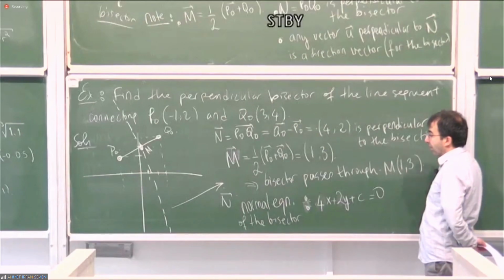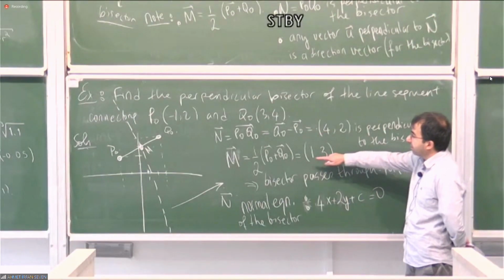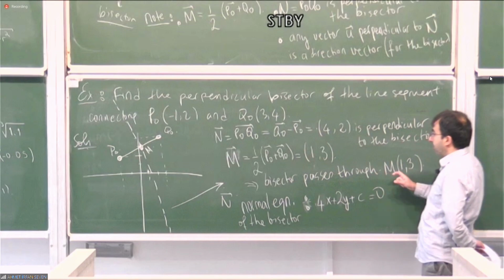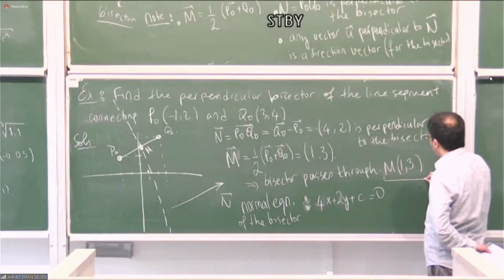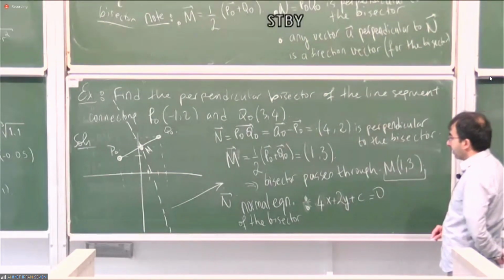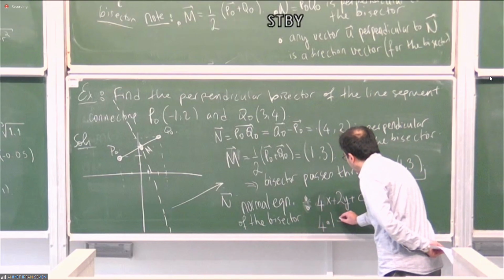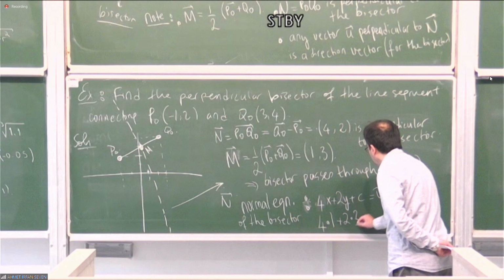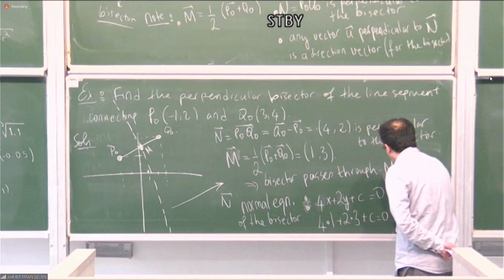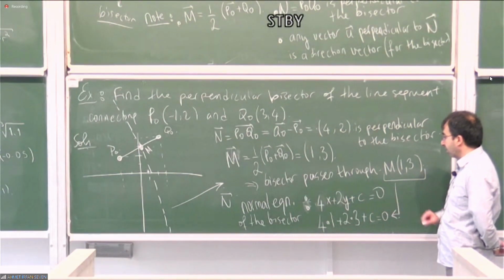Okay, so how can I find C? Well, to find this number C, I use the other property that this bisector passes through the point 1, 3. So it must satisfy this equation. So 4 times 1 plus 2 times 3 plus C must be equal to 0. Why? Because the point 1, 3 must satisfy this one.